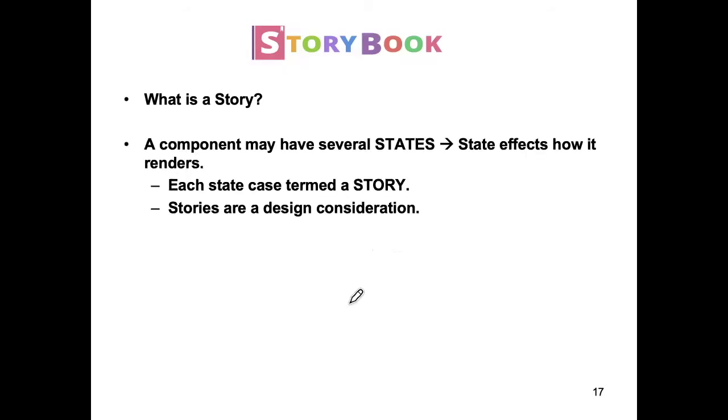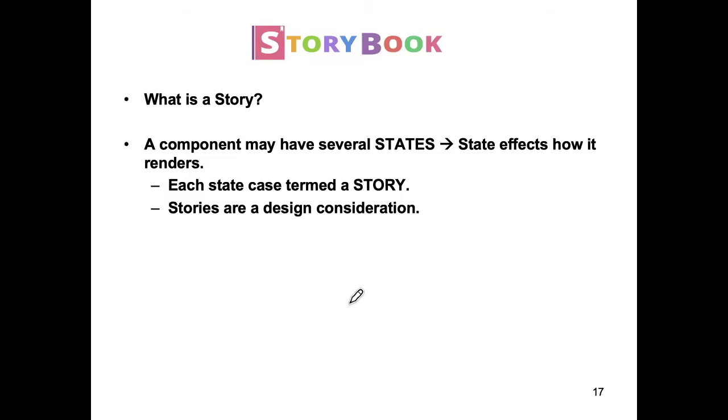So if you've got a component, and just by the way, a component typically is really about rendering data on the screen. It'll add some styling to it, and it may add some extra stuff as well.